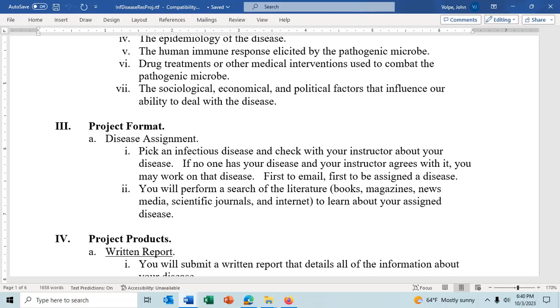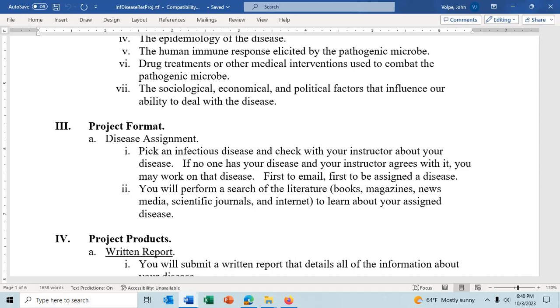And then there are viral agents that can cause pneumonia, and even fungal agents. So if you pick something like pneumonia, I'll just get back to you and say, you've got to pick a species. Okay. So I will be the gate checker, telling you what's allowed and what's not.